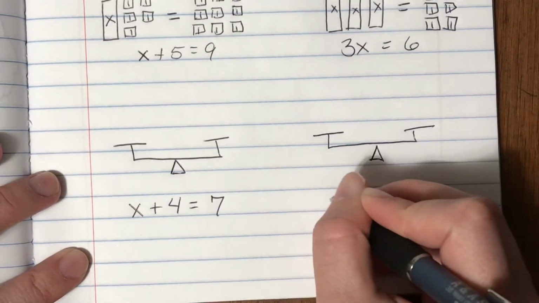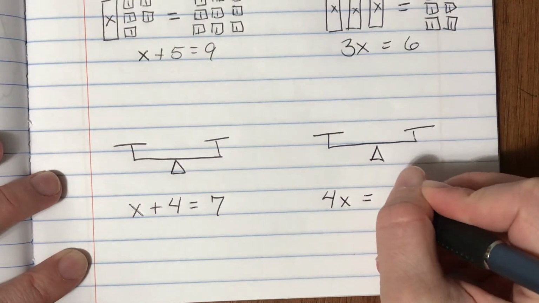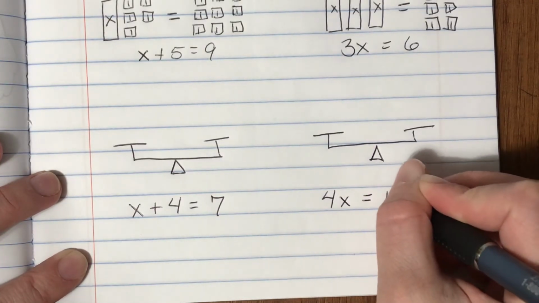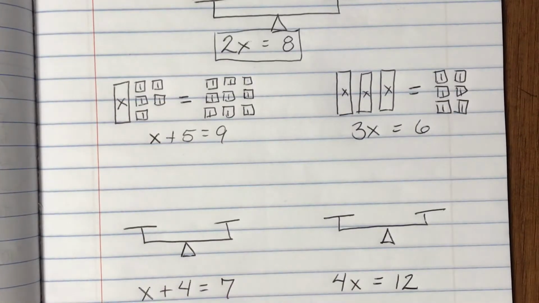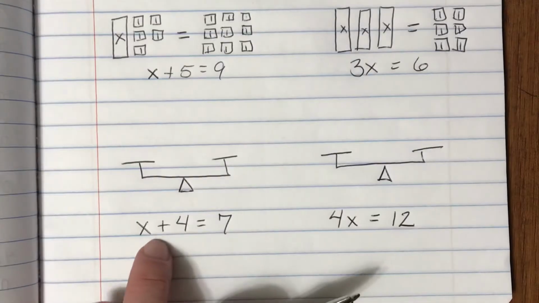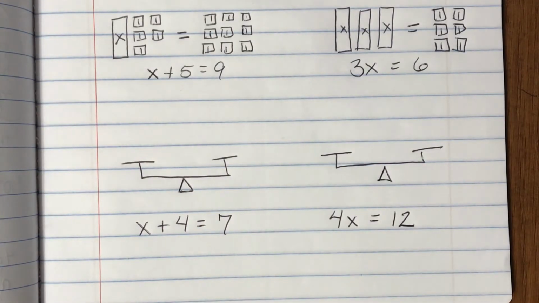And on this one, I want you to represent 4x is equal to 12. So take a second and see if you can use the models that we've drawn above here to help you draw what would this look like if it were a picture, and what would this one look like if it were a picture. Go ahead and pause the video if you need to. Try that on your own.